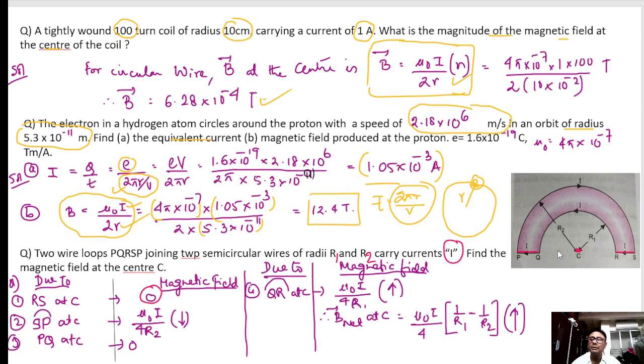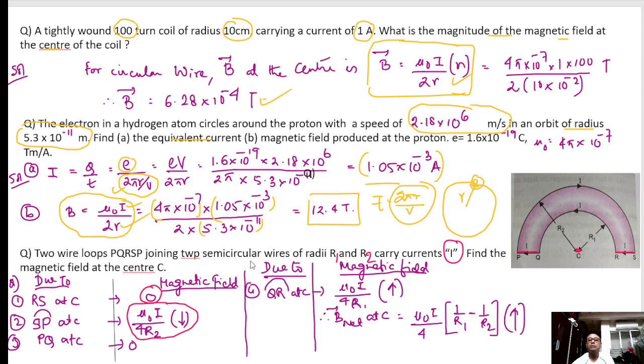Next, what is the magnetic field due to the bigger semicircular wire SP, whose radius is R2? It is given as this.